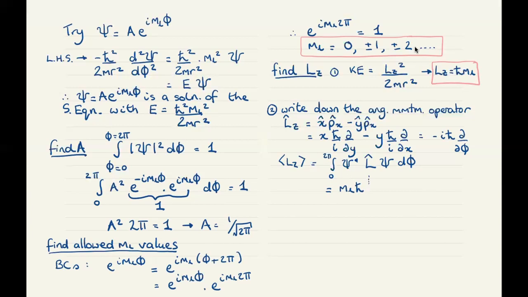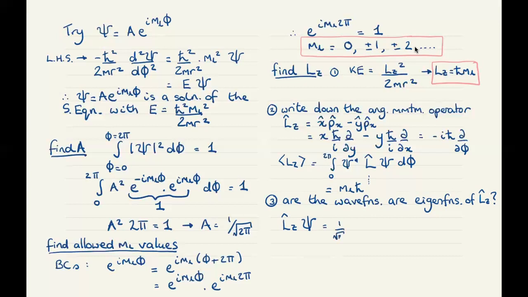The third way that we can find the value of the angular momentum is to see if the wave functions are eigenfunctions of the angular momentum operator. And if they are, then their eigenvalues are the values of the angular momentum. So let's work out the effect of operating on psi with the angular momentum operator.